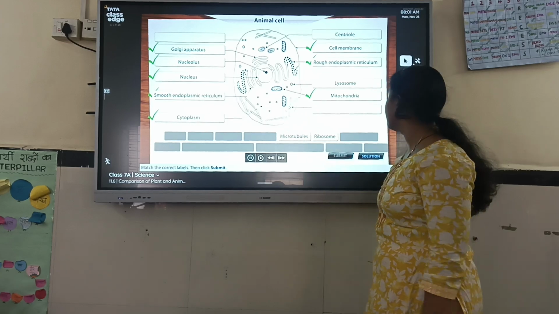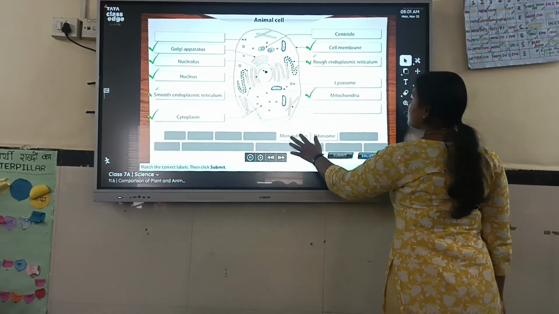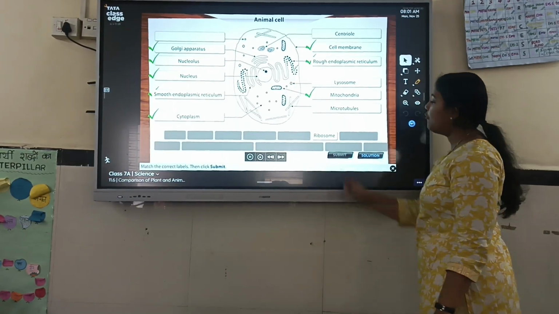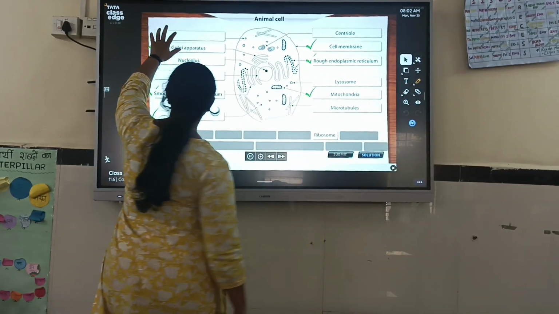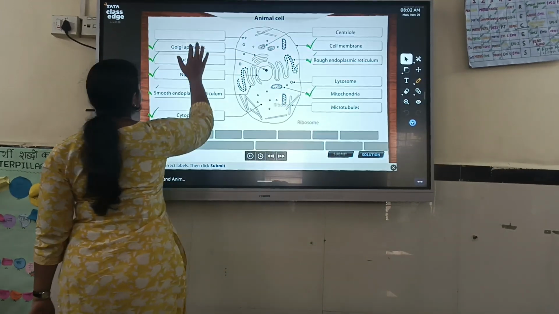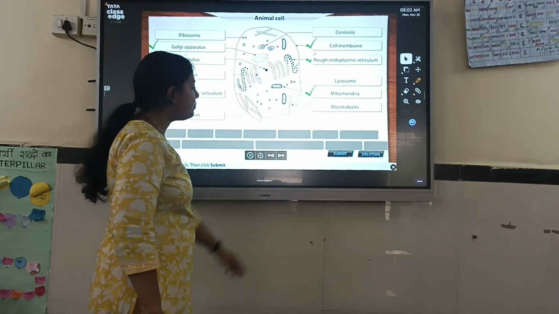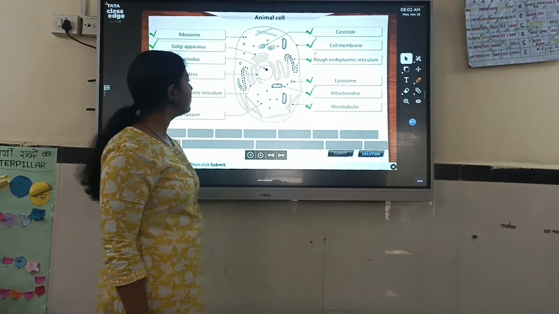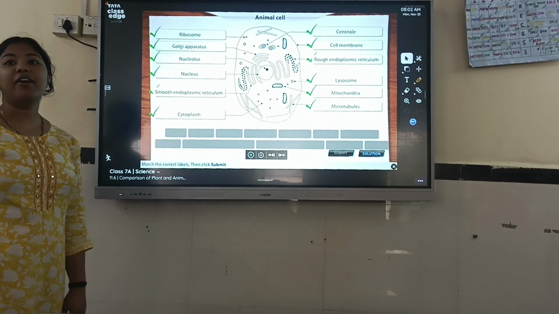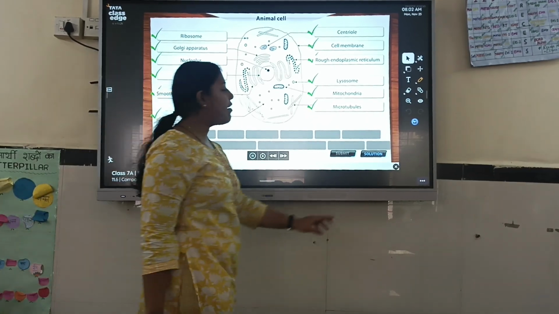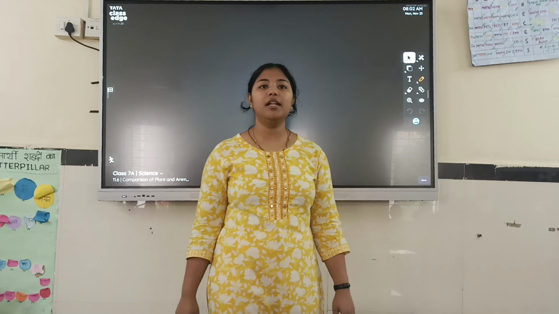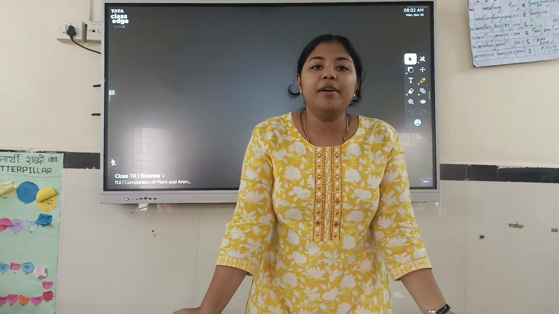This one microtubules, and the first one there is. I'll submit now. That's correct. Okay, this time we got it all correct. I hope you all have understood the differences between plant cell as well as the animal cell.